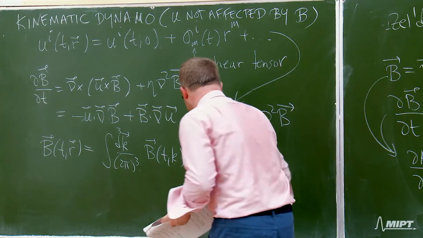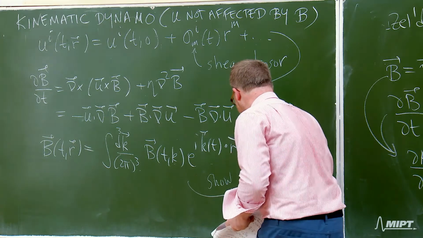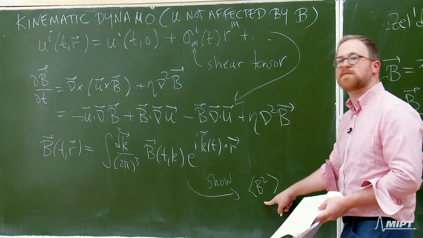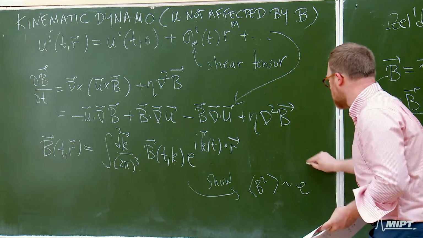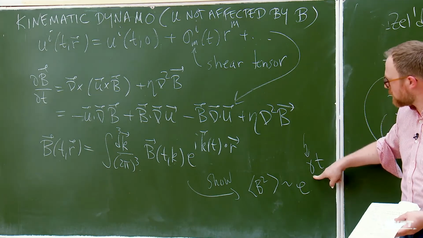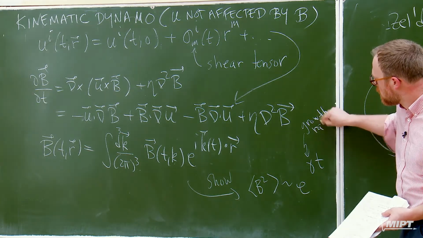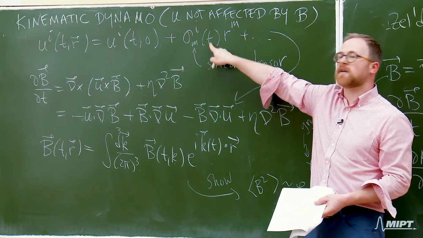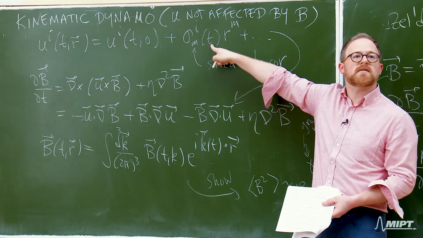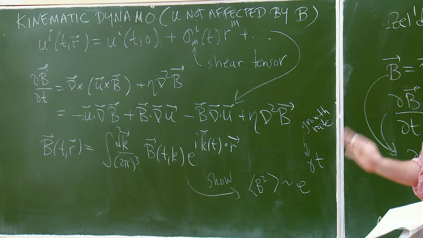So you can show that the volume average magnetic field can grow exponentially. And this growth rate here is a function of what the stress tensor looks like. But you can actually get a closed analytic formula, which is really cute.